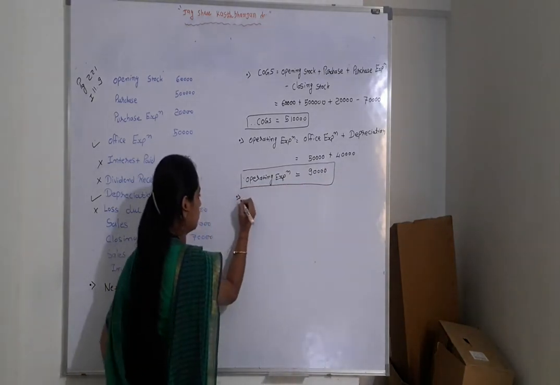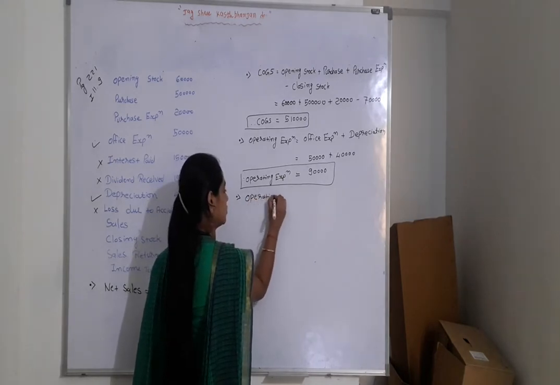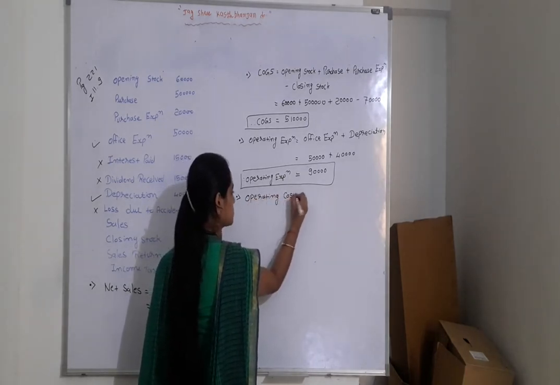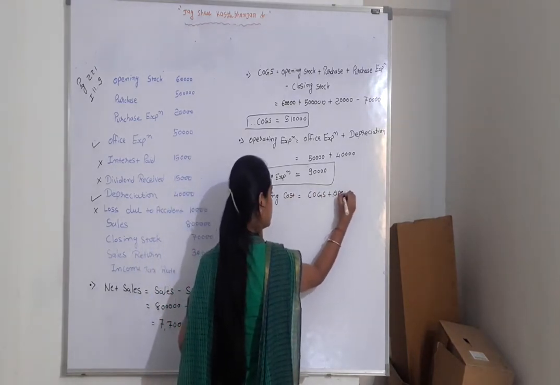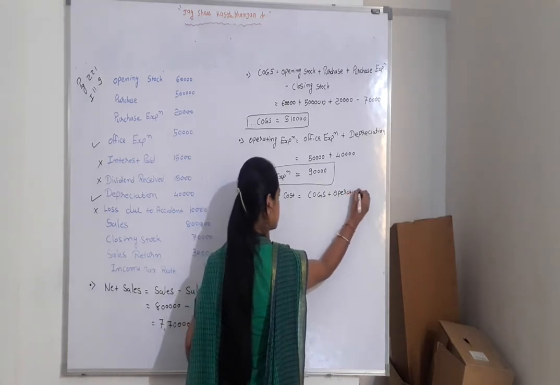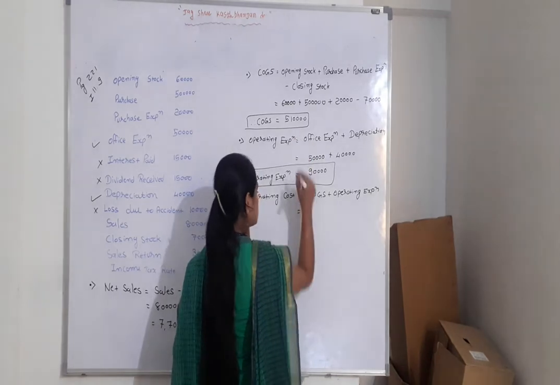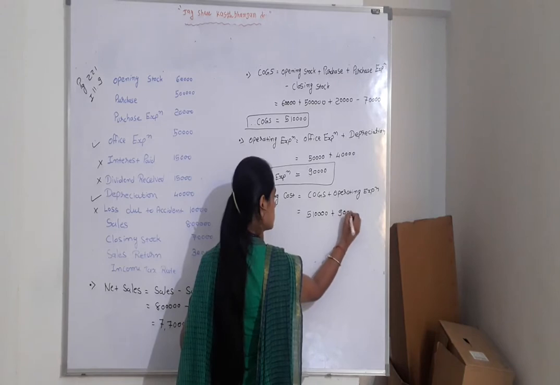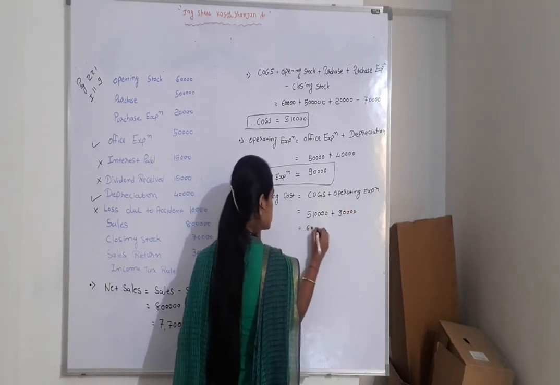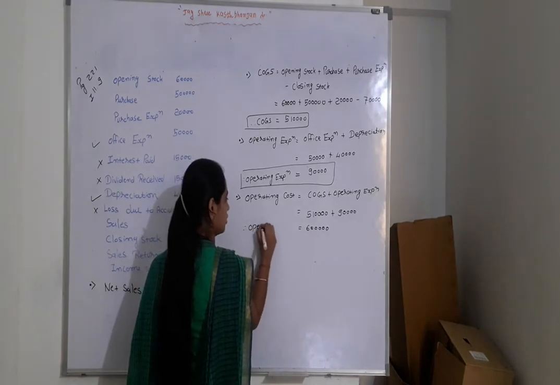Now we'll find operating cost. Operating cost is equal to COGS plus operating expense. COGS 5,10,000 plus 90,000, total 6 lakh, operating cost.